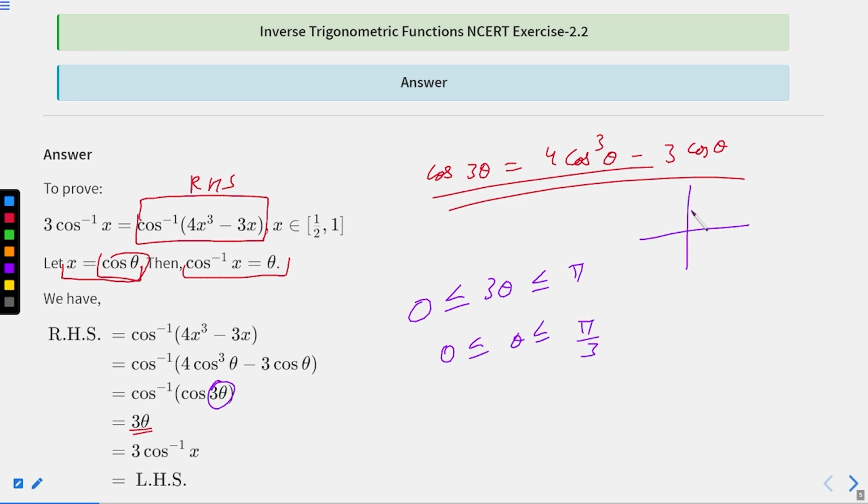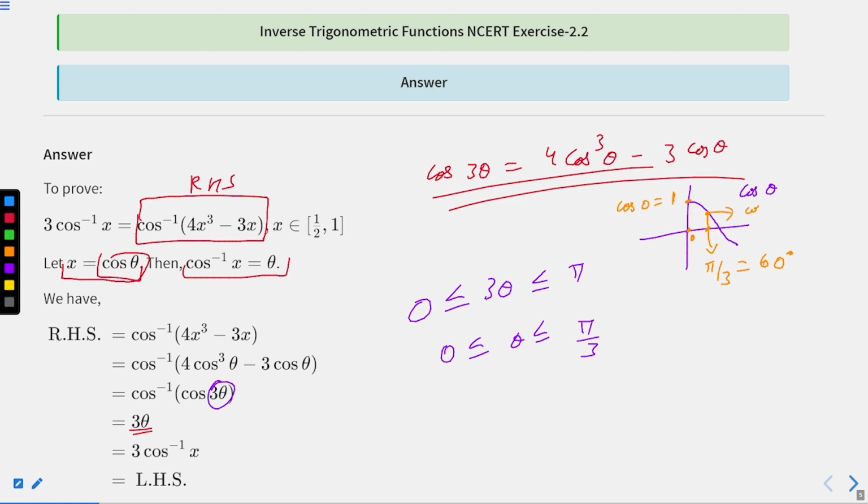And if you see the graph, this is the graph for cos theta. If theta belongs to 0 to pi by 3, pi by 3 means 60 degrees. At 0, the value of cos is 1, cos 0.